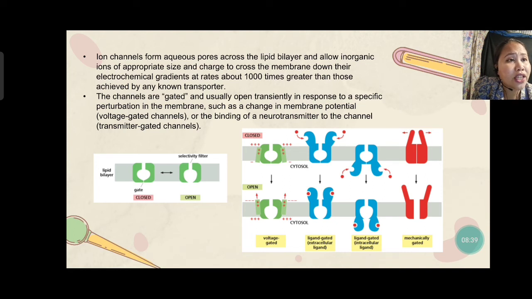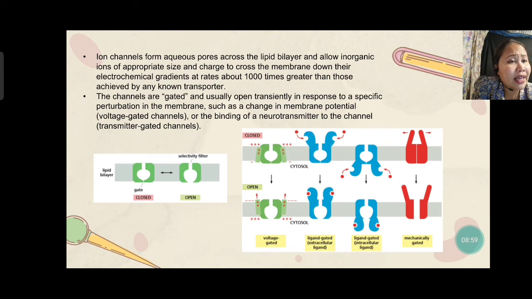Voltage-gated channels are represented by the color green. For the ligand-gated extracellular ligand, represented by the color blue, the opening is outward.